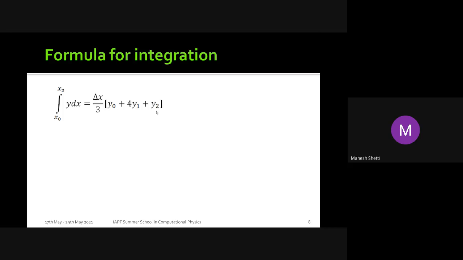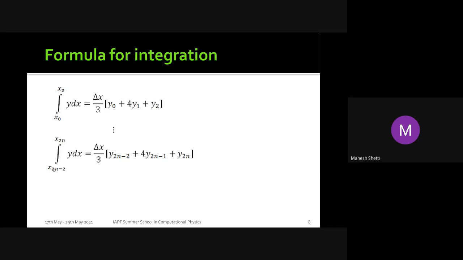There is a theory for that. We are not right now discussing that. We can give you a reference. There are many references. One of the best references I have always found is Introductory Methods of Numerical Analysis by Shastri. I will send you the name also. Point is, when I do this calculation, I get this kind of formula.